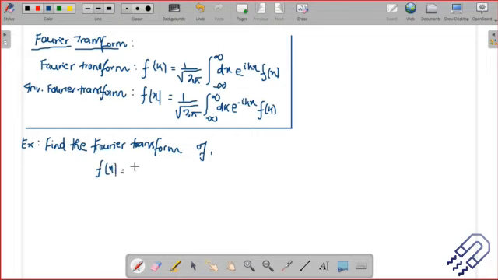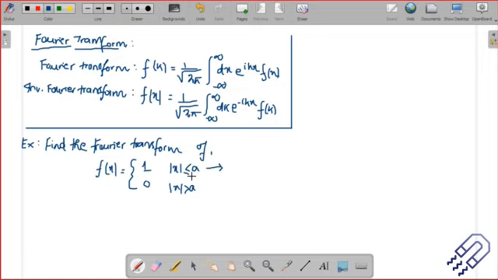Usually it's written in small f. It is 1 and 0, where mod of x lies between, I hope you understand this, and it is mod of x greater than a.